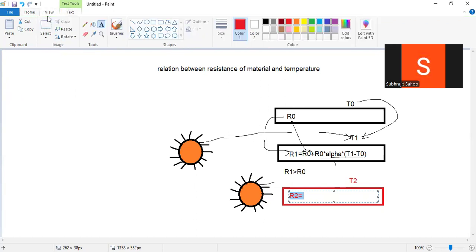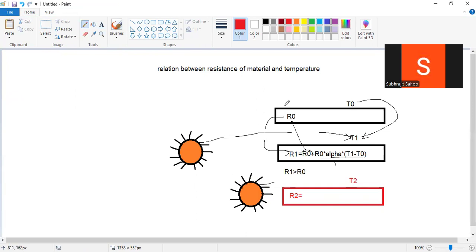The resistance value is R naught only, right? Now because of the heavy hot sun, because of the closeness of the material to the sun, the temperature changes from T naught to T2, more than T1. The resistance obviously will change more. And what will be the value?